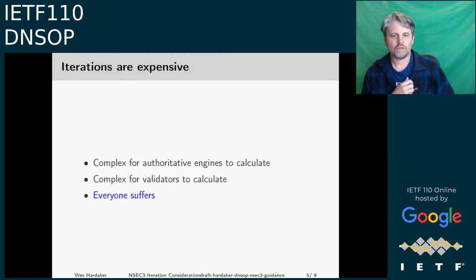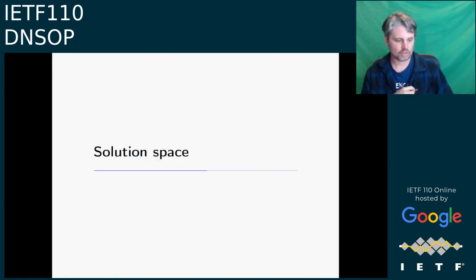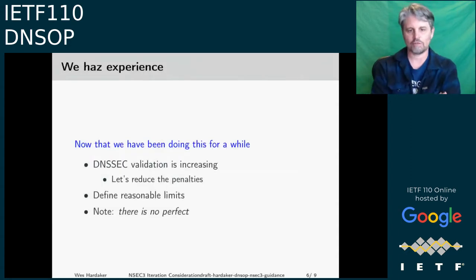So why is this a problem? Well, iterations are really expensive. They're complex for the authoritative engines to calculate. They're complex for the validators to calculate. And in the end result, everybody suffers. And as DNSSEC validation increases in use, which is definitely happening, there's this thinking that maybe it's time to reduce these penalties.